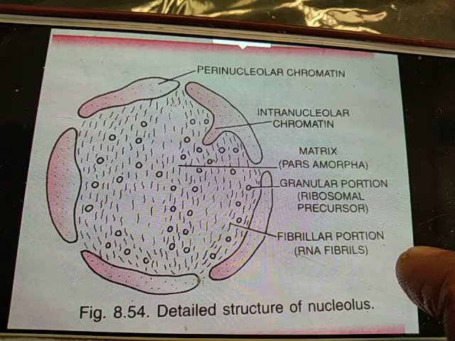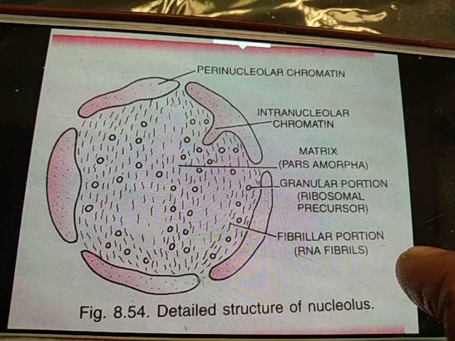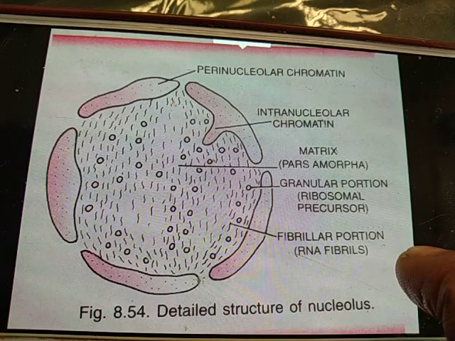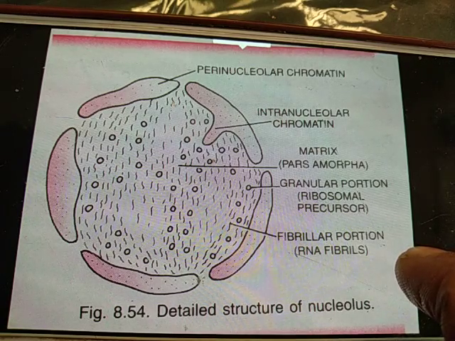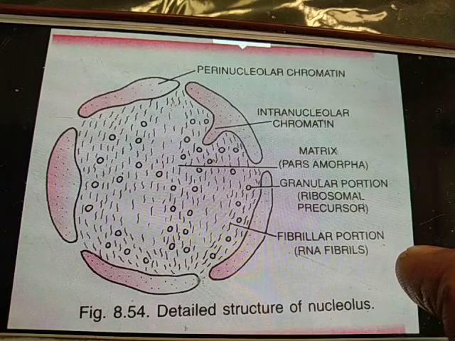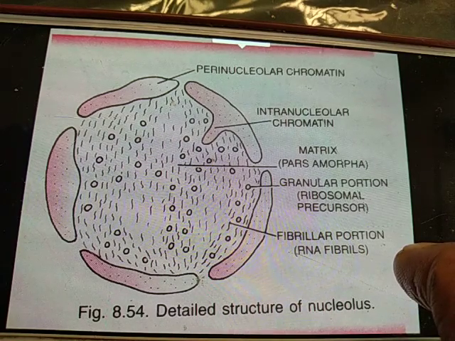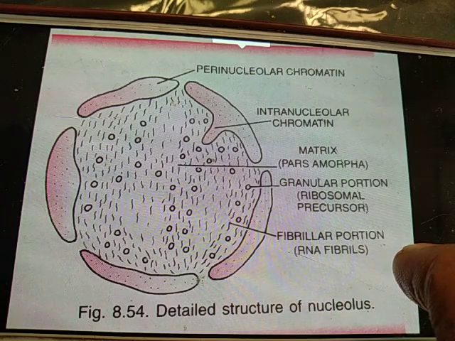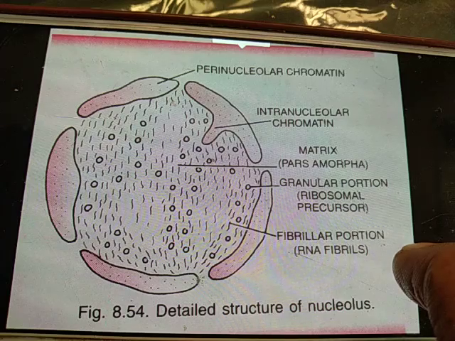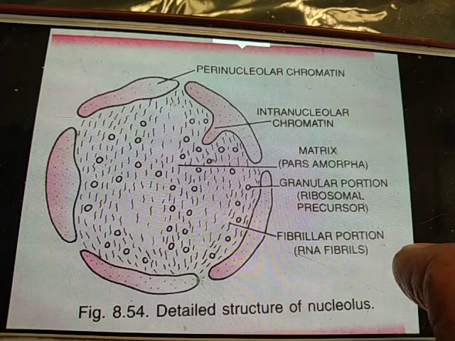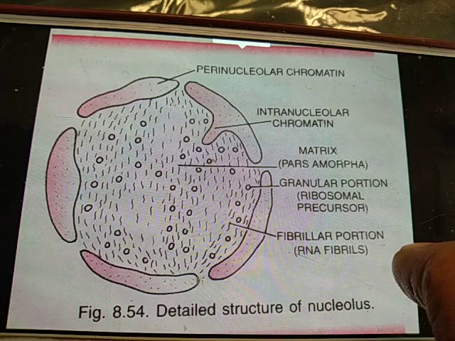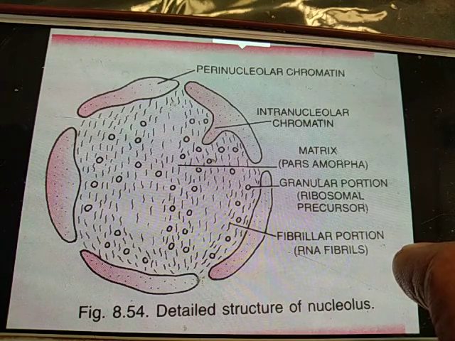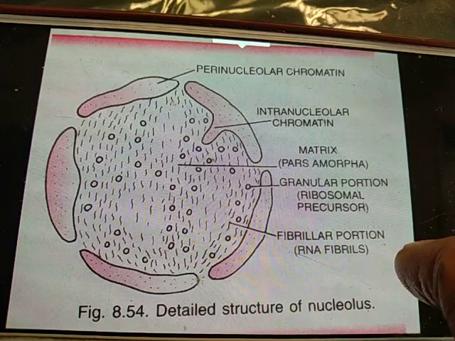Nucleolus has 4 components: amorphous matrix, granular parts, fibrillar portion, and chromatin. Amorphous matrix is the homogeneous ground substance of the nucleolus. Matrix is formed of protein. The granular portion consists of granules of size 150 to 200 Angstrom which lie scattered in the amorphous matrix.